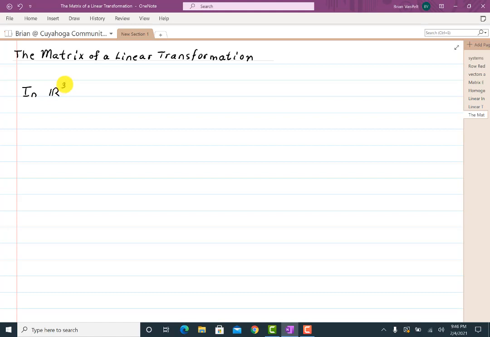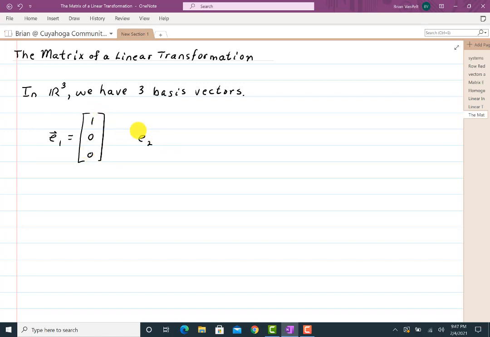When we're in R3, we have three basis vectors, and they usually go by these names. E1 is the vector 1, 0, 0.